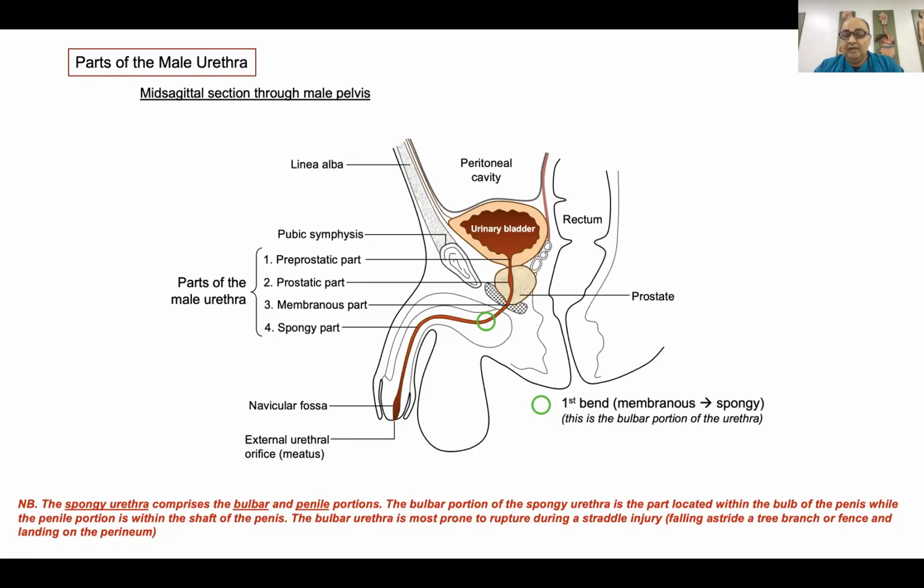When the urethra goes from the membranous part to the spongy part. So the bend is occurring when the membranous urethra becomes spongy urethra. And of the spongy urethra, which part? The bulbar part. Are we good with that? And there is another bend. There is another bending, and this bending is occurring when the bulbar urethra becomes the penile urethra.